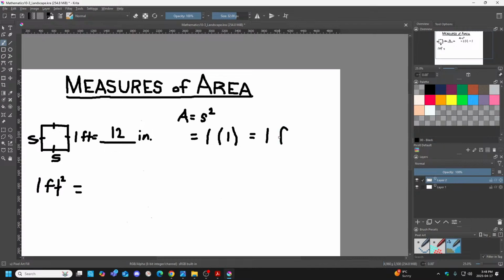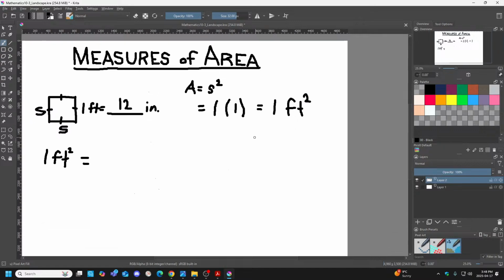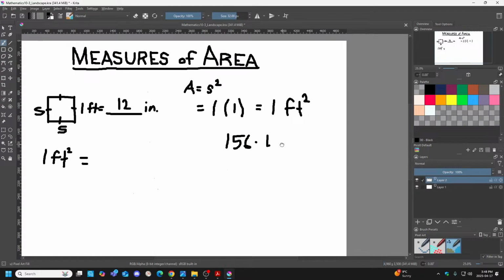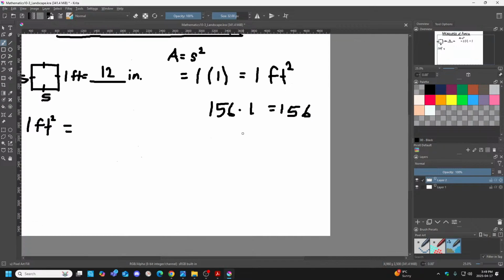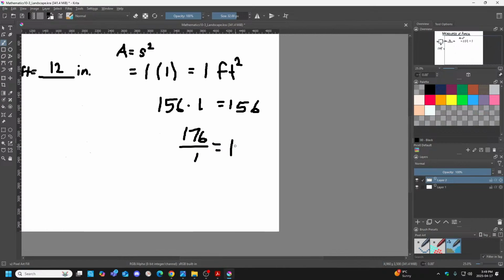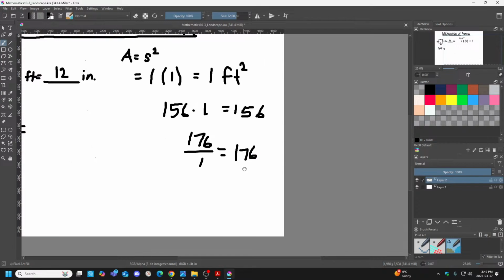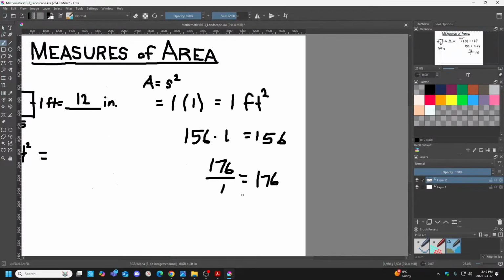It's pretty minimal. Well, if you have a value 156, you multiply it by 1, it's still going to be 156. If you have a value that's 176 and you divide it by 1, oh, wow, guess what? It's still 176. That's what I mean. It doesn't have much of an effect on a value. Okay? All right.